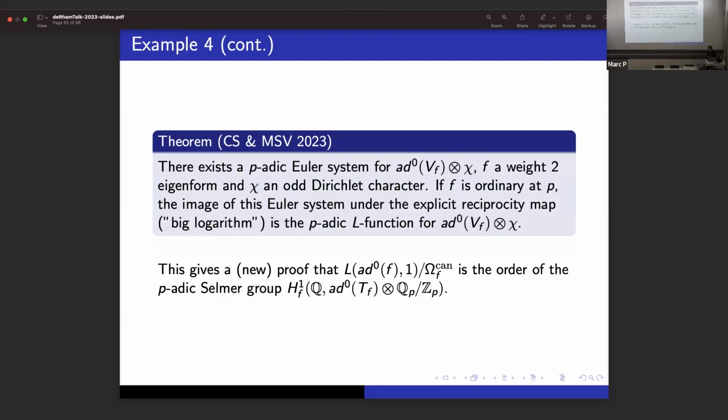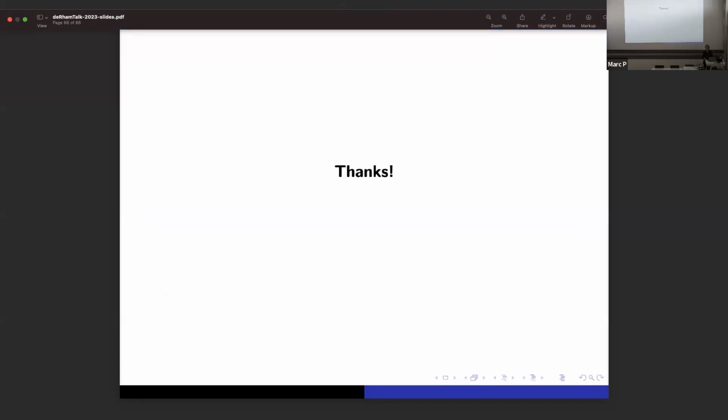This gives a new proof that the particular L value is the order of a p-adic Selmer group, which is closely related to the kind of L value that Andrew Wiles was studying in his first attempt to prove Fermat's last theorem. I think I'll stop there.